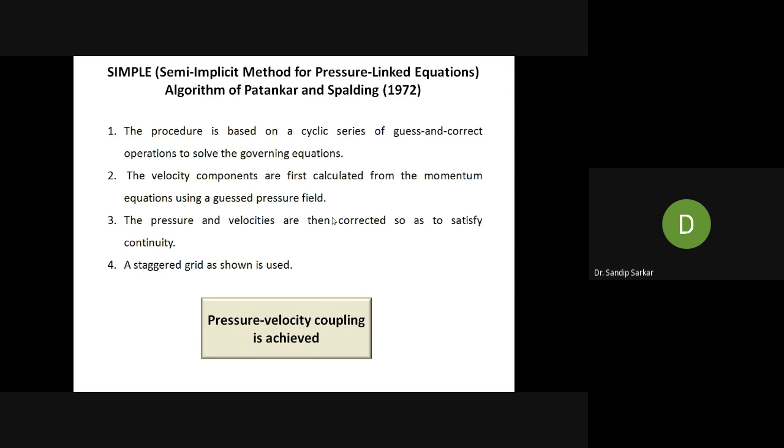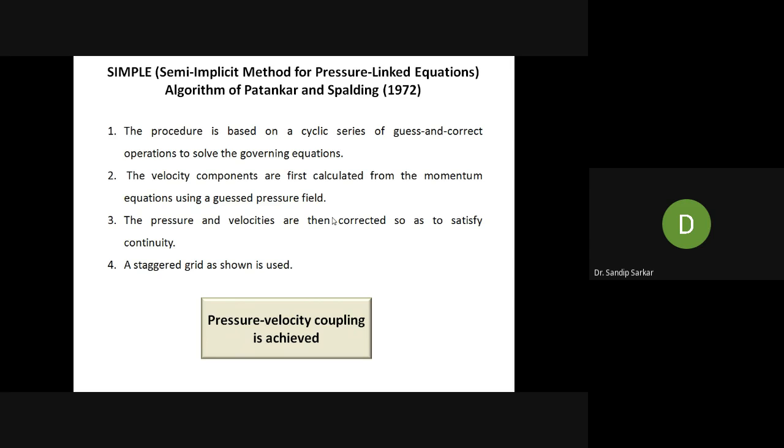So if you want to solve the Navier-Stokes equations numerically for two-dimensional and three-dimensional problems, you have to apply the SIMPLE method for the numerical solutions of the Navier-Stokes equations.